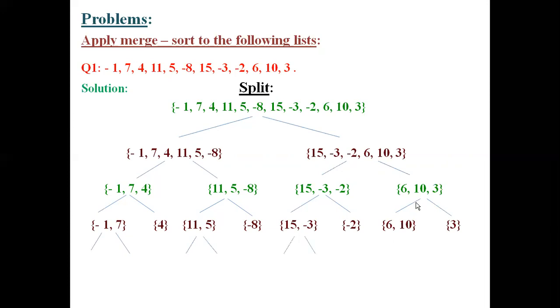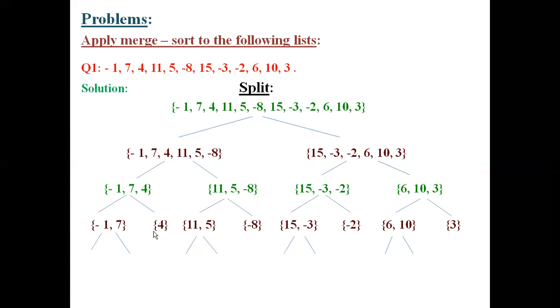Now we have 2 elements left over in these sets, that is minus 1, 7, 11, 5, 15, minus 3 and then 6, 10. Each one of them will be split into single elements. Before this step, if we observe, there were already some single elements, that is 4, minus 8, minus 2 and 3.